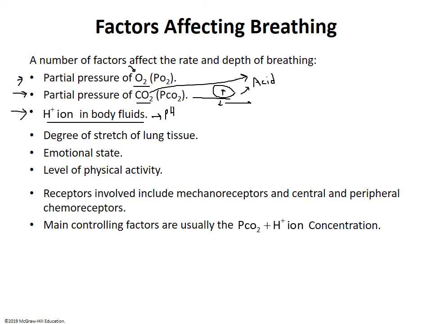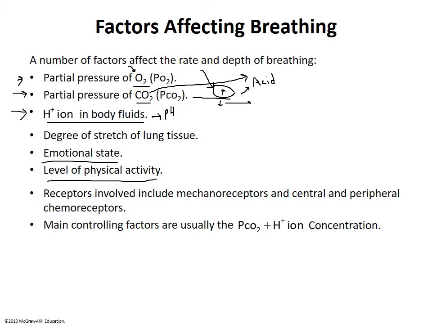There is a degree of stretch of the lung tissues. The more it's stretched, the more it's going to affect my breathing. Emotional state's going to affect your breathing. You can hyperventilate, which just simply means breathing fast. That happens normally, for instance, if I have an increase of carbon dioxide, but if it happens from an emotional state, I'm going to start losing carbon dioxide, and that can be a problem.